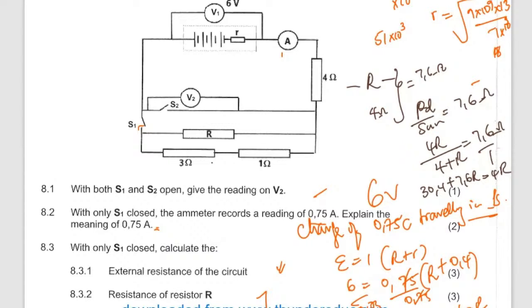Why am I getting something different? 7.6 minus 4 is 3.6. 30 divided by that, you get 8 or something, which doesn't make sense.